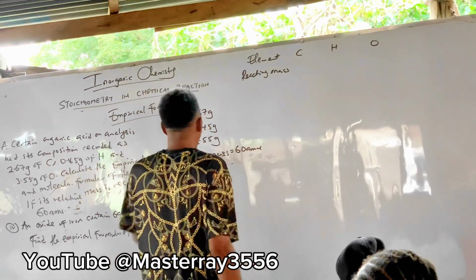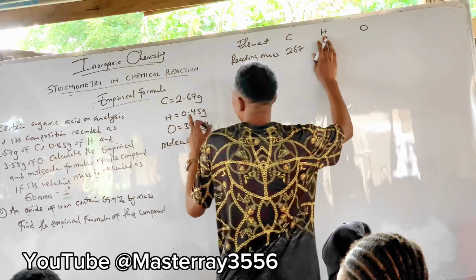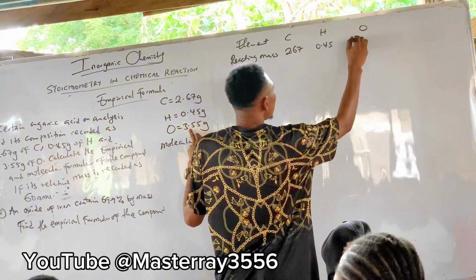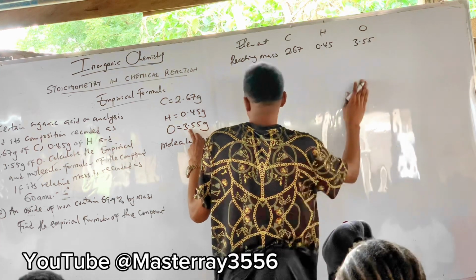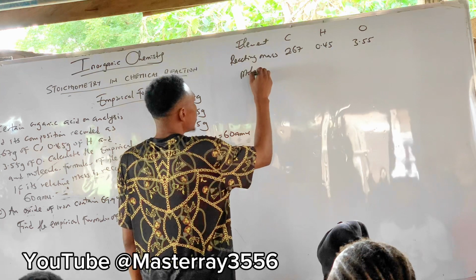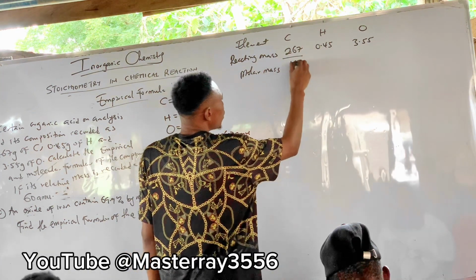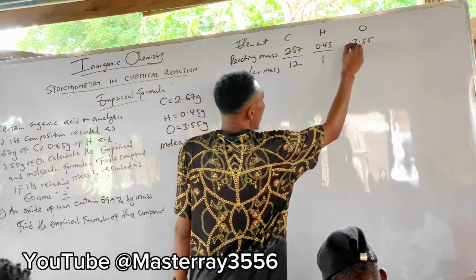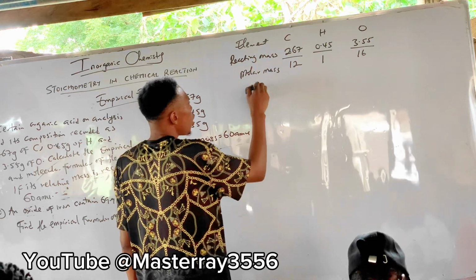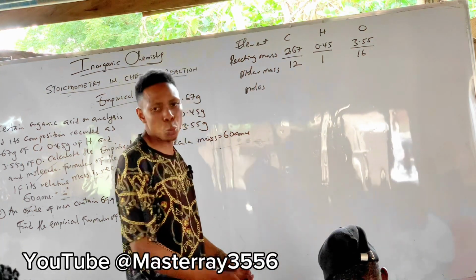The mass of carbon is 2.67, then the mass of hydrogen, and the mass of oxygen is 3.55. Then after that we have the molar mass of carbon, molar mass of hydrogen and molar mass of oxygen. When you divide, you are going to have the moles. So 2.67 divided by 12.